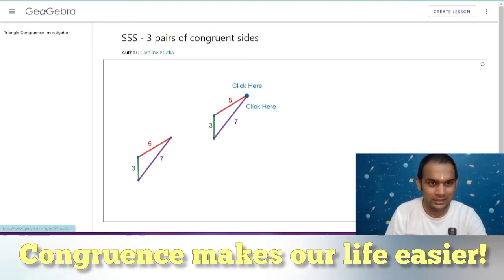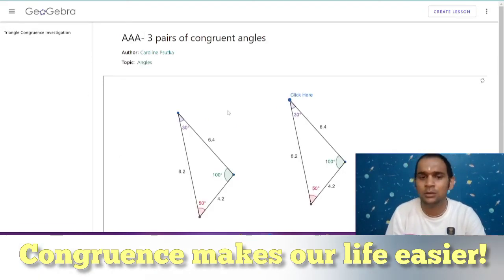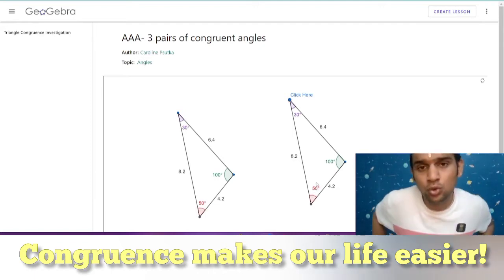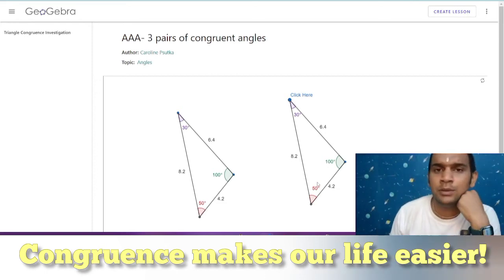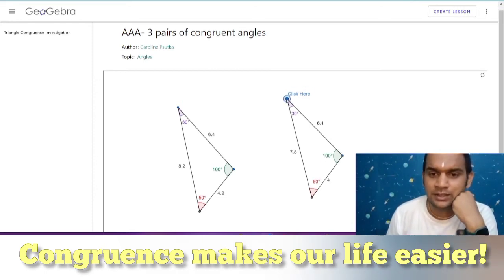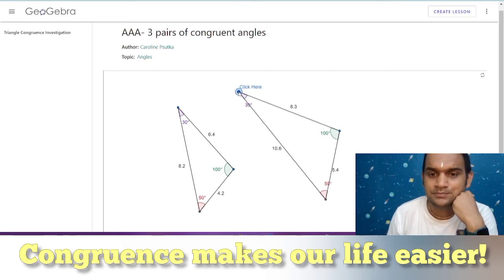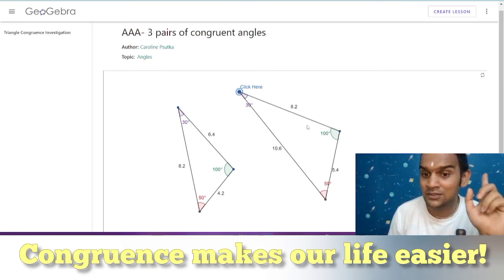This is one criteria. Now suppose we are talking about angles being equal. Over here, as you can observe, 30 degree, 30 degree, 100 degree, 100 degree, 50 degree, 50 degree. Can we be so sure that both the triangles will always be congruent? Let us see. Now what did I do? The angles are still the same, but the sizes are different.